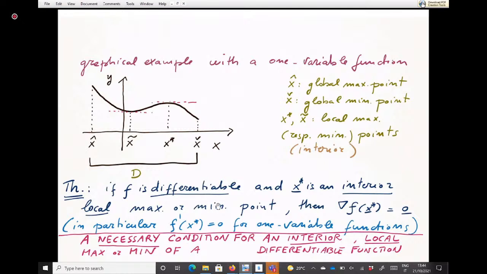this is called the necessary condition or first order condition for a maximum. You always apply this if you study a little bit of mathematics or study of a function in high school, for instance. When finding the maxima or minima for a function, compute the derivative, set the derivative equal to 0, you have an equation, you find the points, and these are the candidates to be maxima or minima.